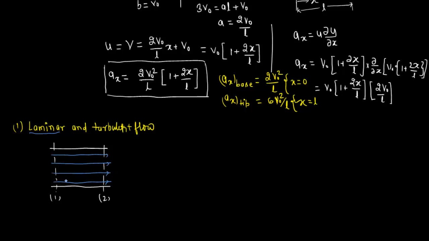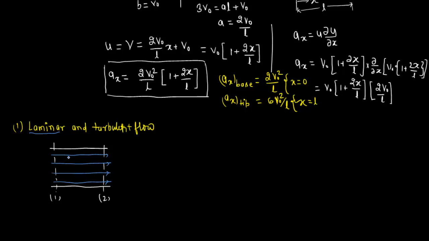That's why we also define this type of flow as viscous flow, because it is due to the viscous behavior of the fluid. Also it is defined as streamlined flow because the layers are not going to be intermixed here.